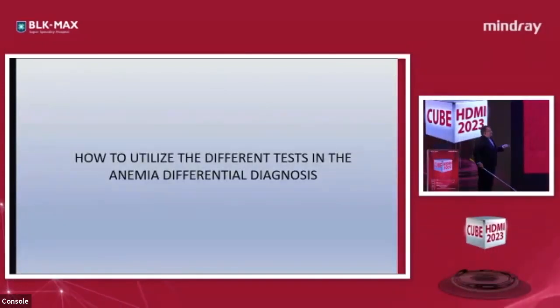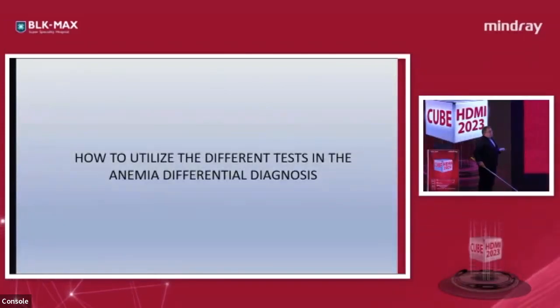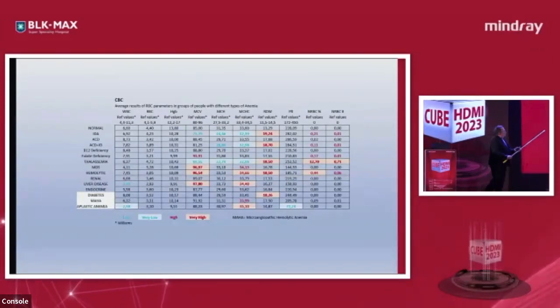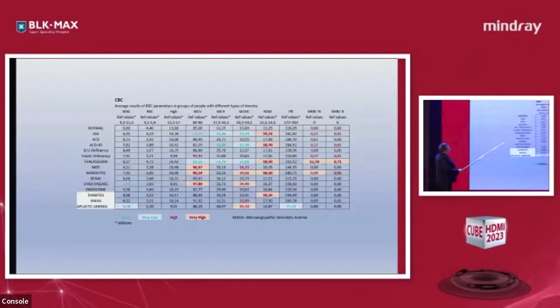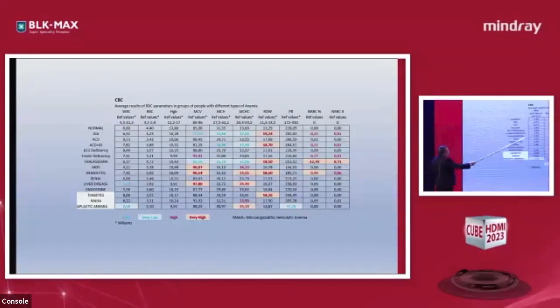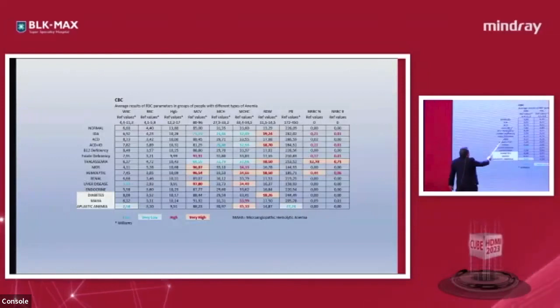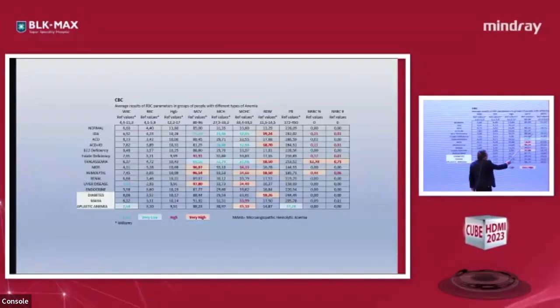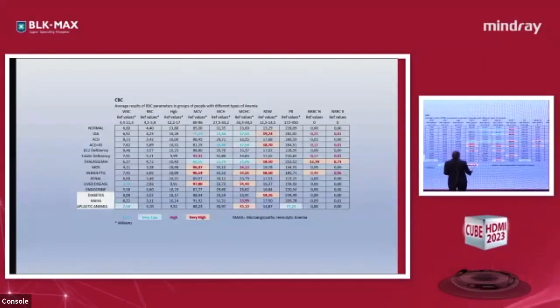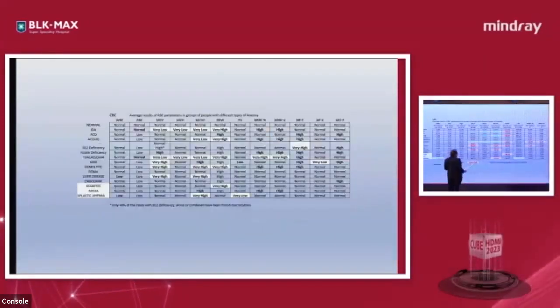How to utilize the different tests in the differential diagnosis of anemia? I will pass very fast because my time is up. I was using, in this study of 1,000 patients, all the hematological parameters. And in anemia of chronic disease, as you can see, nothing was high, nothing was low, it was not useful. In iron deficiency, yes, the RDW was very high.